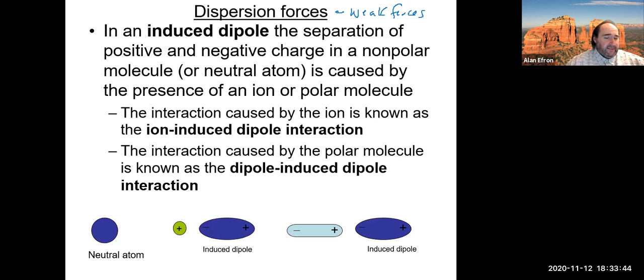So what that means is if I take my neutral guy and I put a positive ion next to it, just for the time being, in my neutral nonpolar atom, all the electrons will decide, oh, I'm attracted to the positive guy. And all the electrons in this guy will head to the right-hand side.